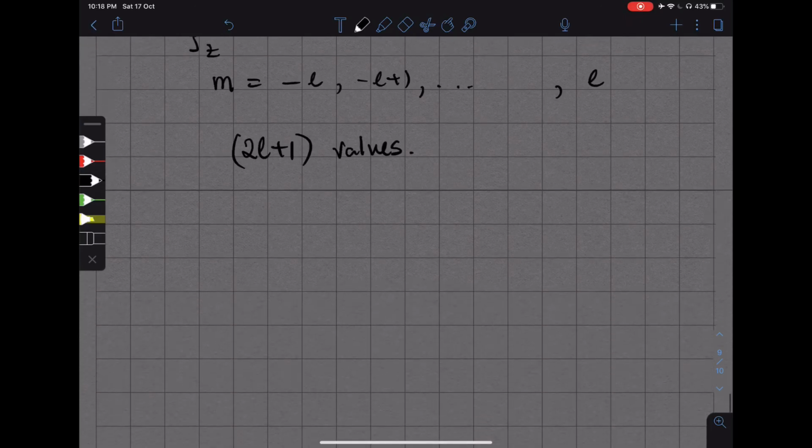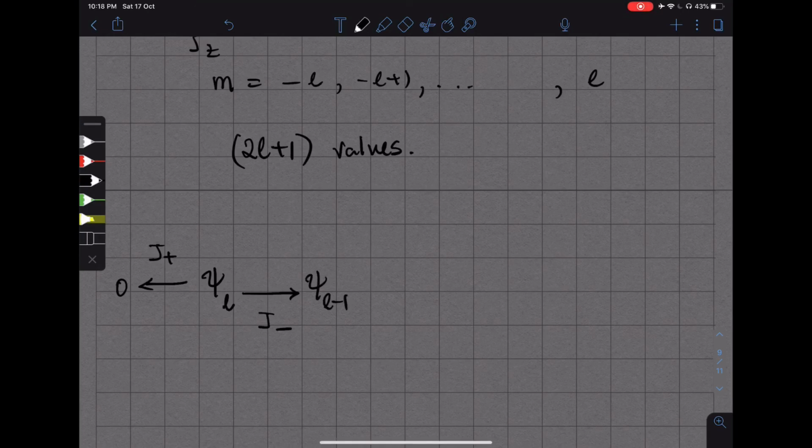So the way it works is that suppose we have a state whose Jz eigenvalue is L. Now if I apply to it a raising operator, J plus, then it gets annihilated. But if I apply to it a lowering operator, J minus, I get to the state psi L minus 1.